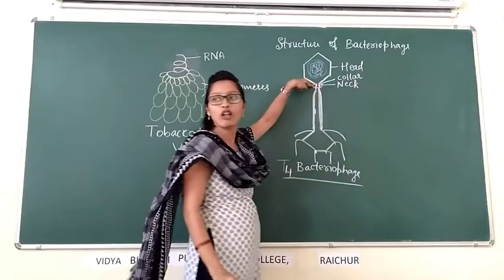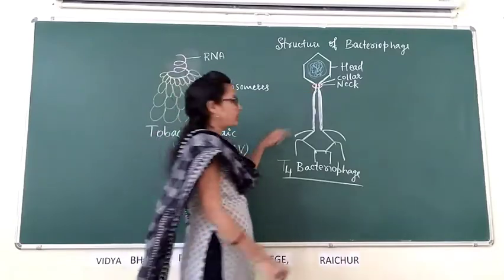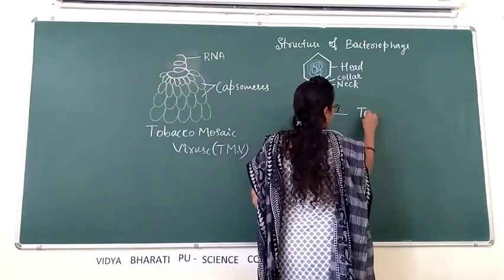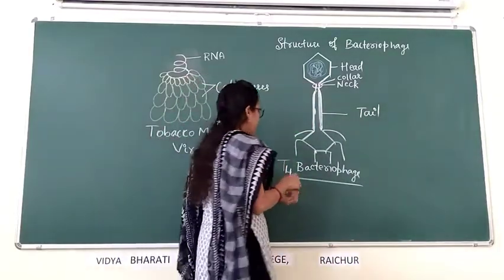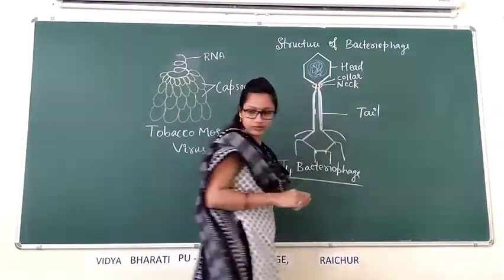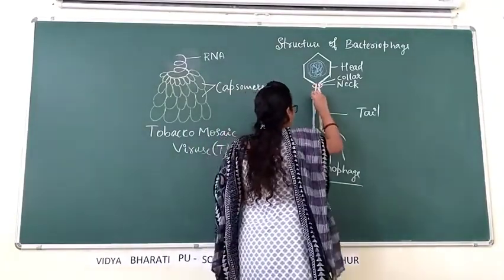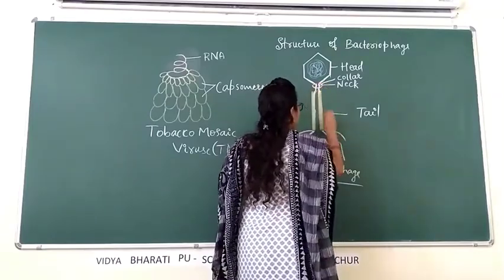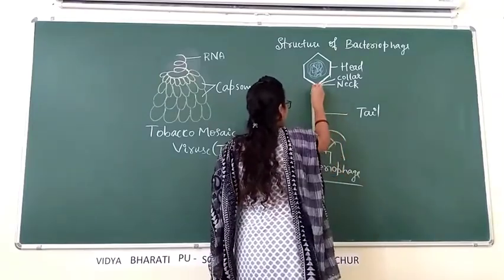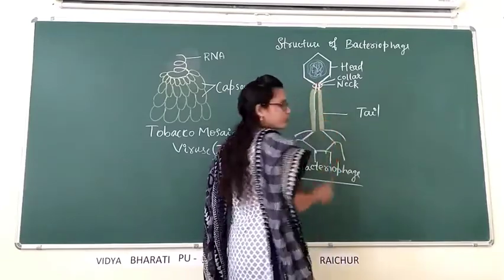Neck with collar is present, and next to the neck portion the tail is present. The tail is made up of protein, also called the protein coat.